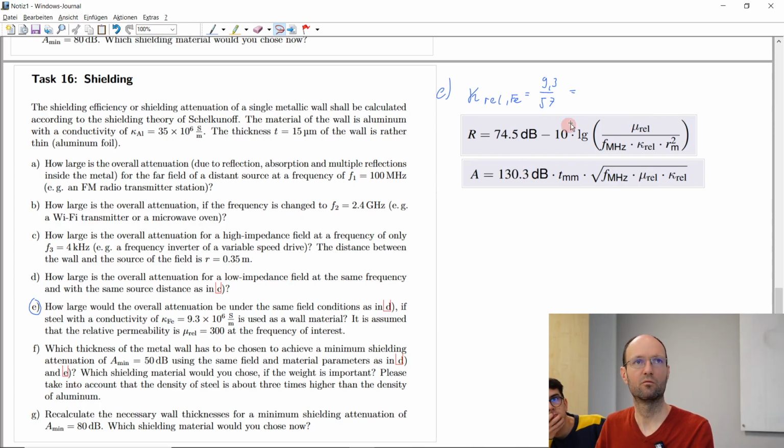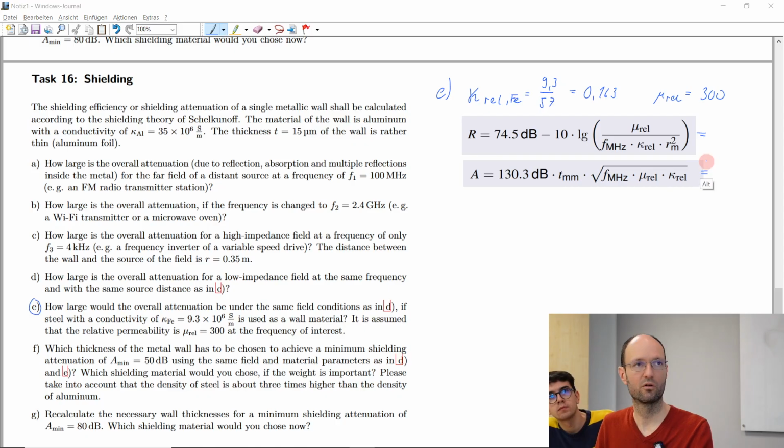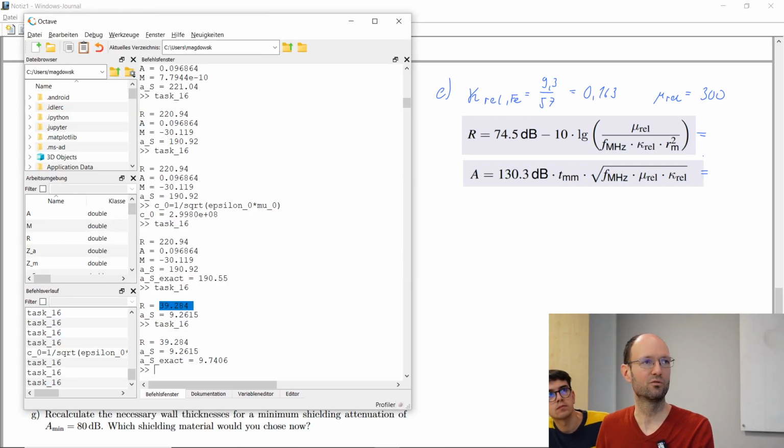So what did you get here? 0.163. 0.163, so about 16% of copper. And I will add here that our mu relative is 300. Okay, and so this is what we will insert into these new equations, or the new values into the old equations.